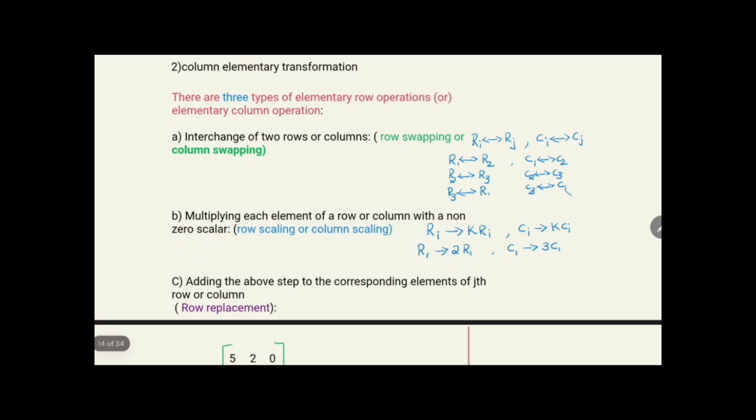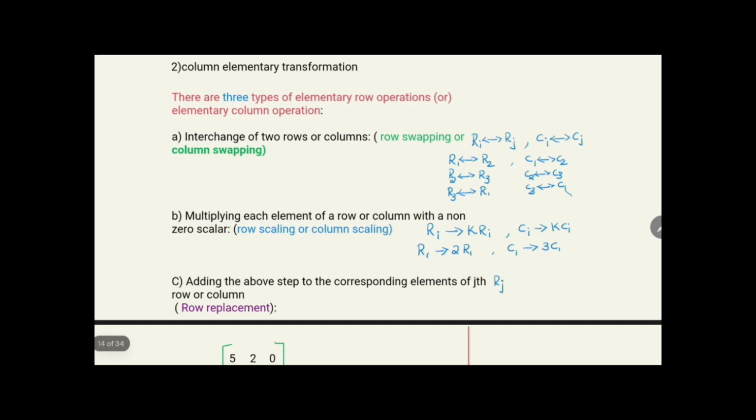Now coming to the third step, adding the multiple from the above step to the corresponding elements of the jth row or column. We call it row replacement or column replacement. That means we have to add the scalar multiple obtained in the second step to the jth row. Let me explain.